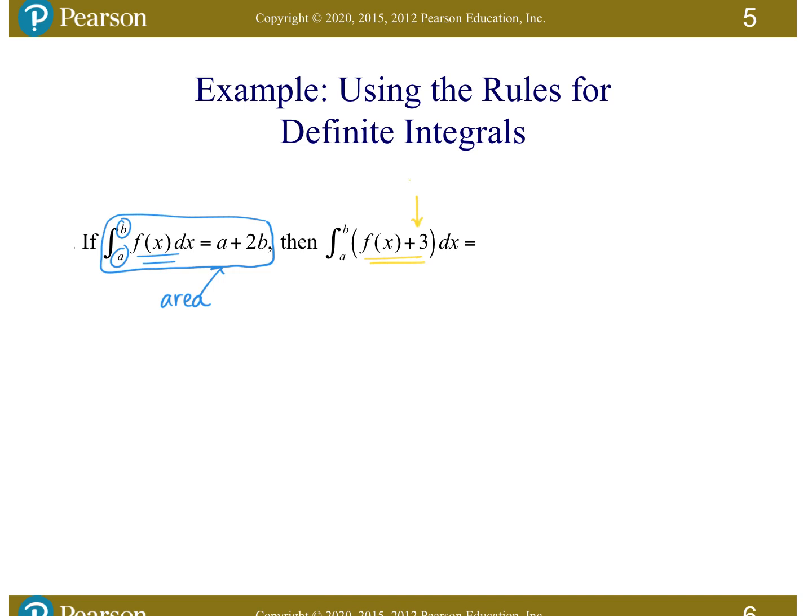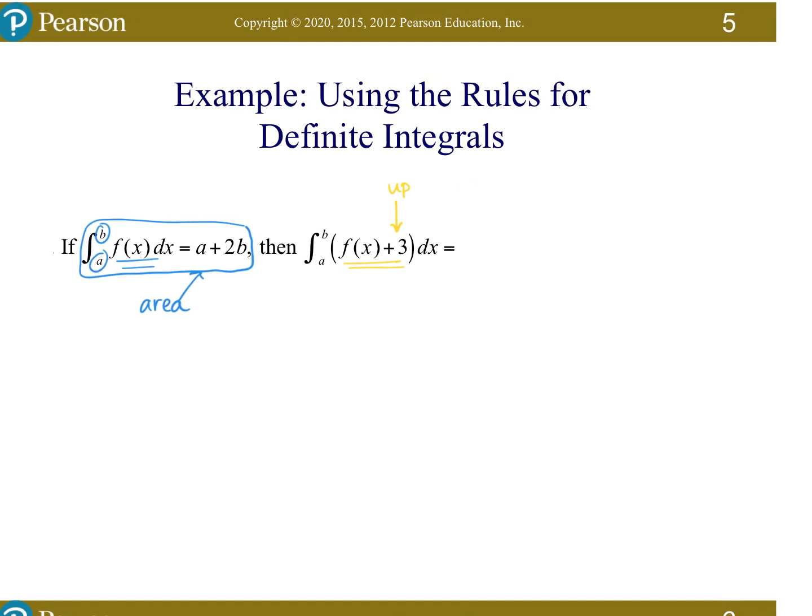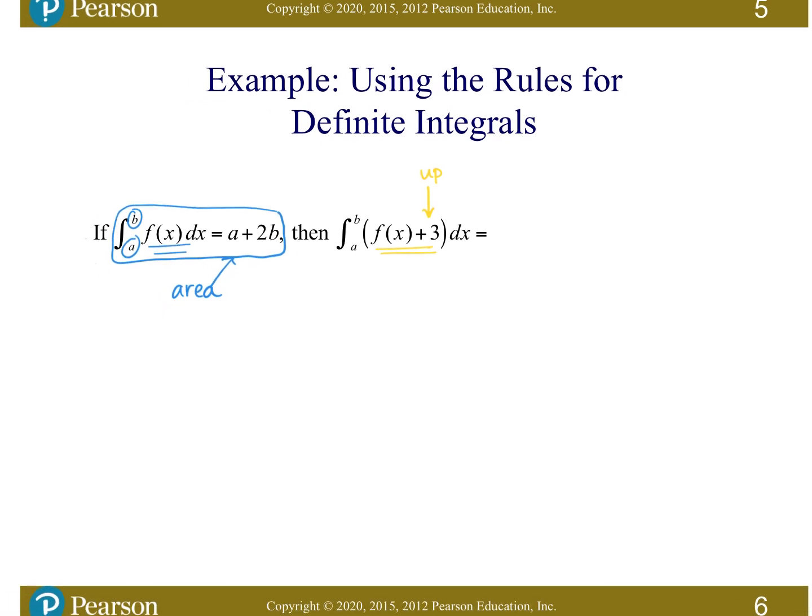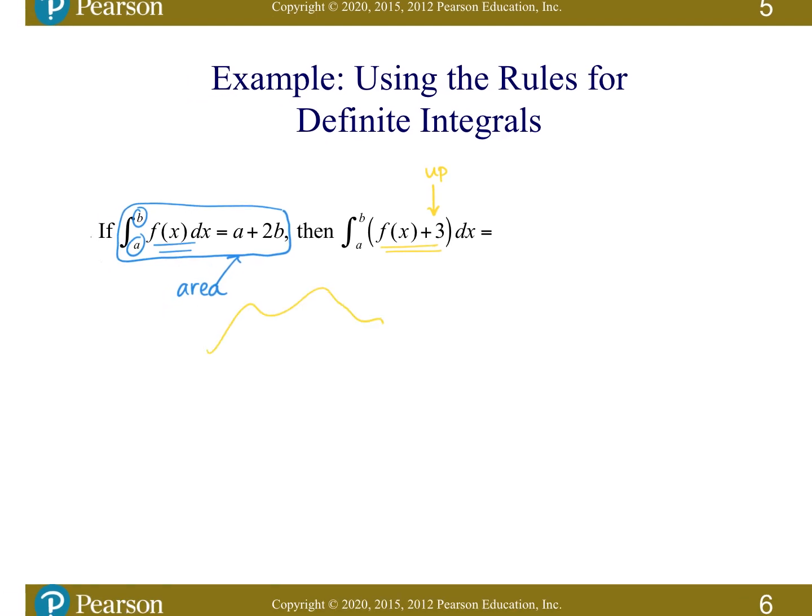Okay, remember that +3 is going to take that whole thing and shift the whole thing up. So we are taking this blob of area. Okay, we have no idea what a plus 2b looks like. It could look like this.